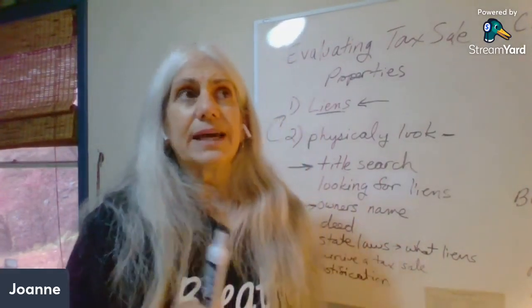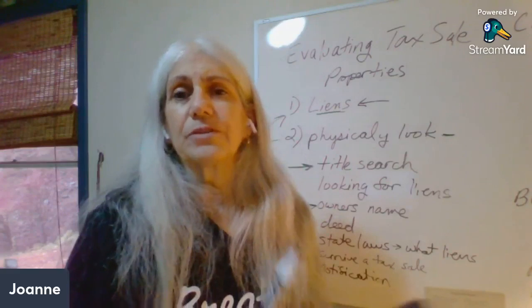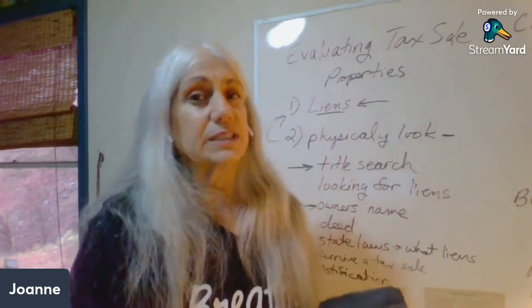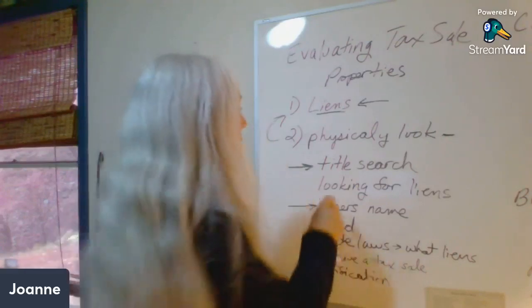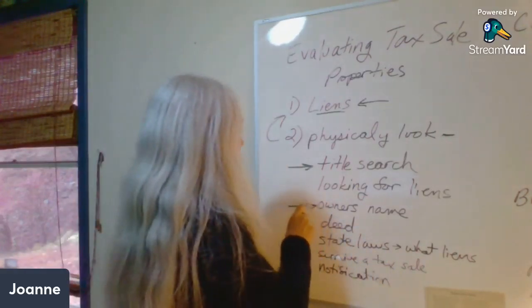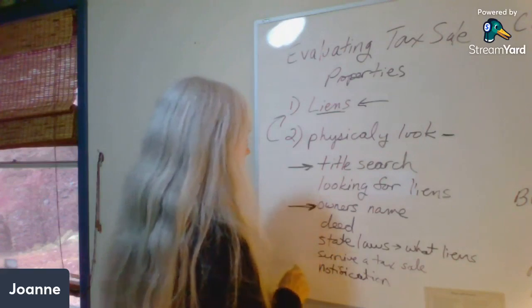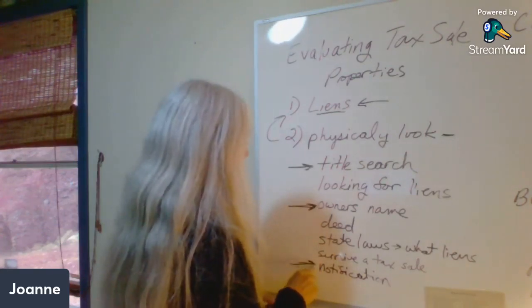Anybody that has a lien on that property, if there's a mortgage, a second mortgage, a judgment, whatever it is, they have to be notified. And any owners have to be notified. So how do you check and see if they're properly notified?